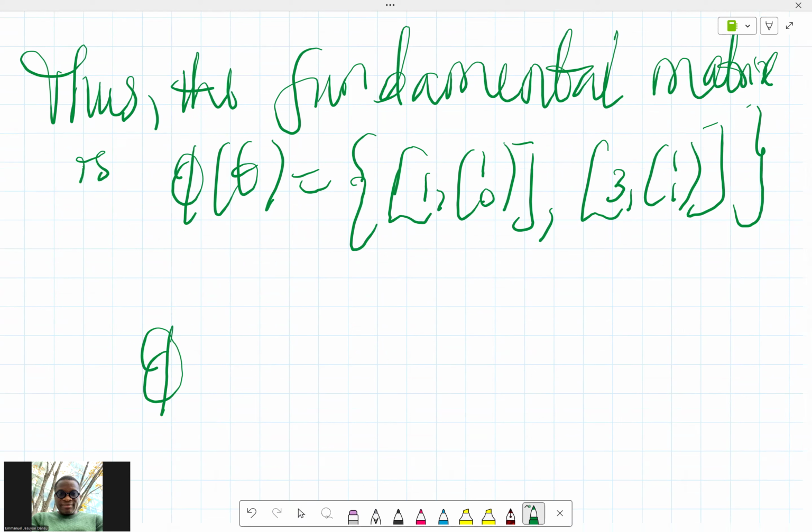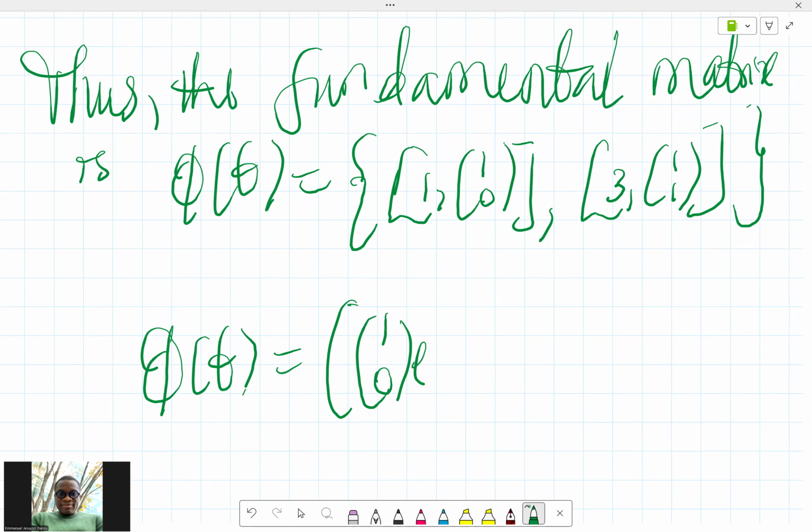So phi of t will be based on this. So it means phi of t now is equal to 1, 0 e raised to power t, then the other one we have 1, 1 e raised to power 3t.